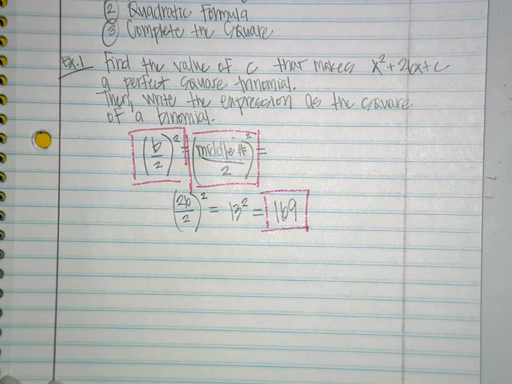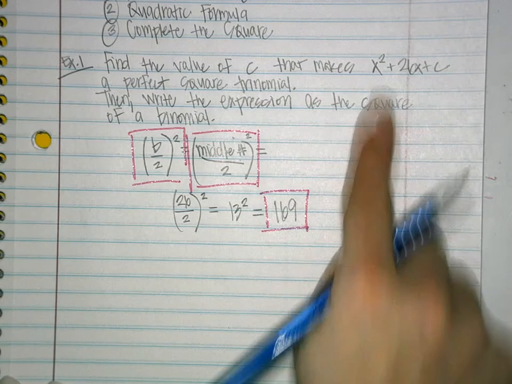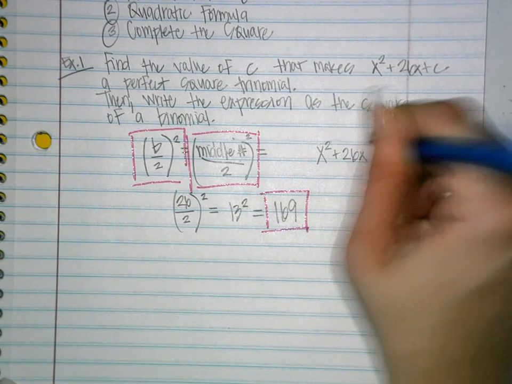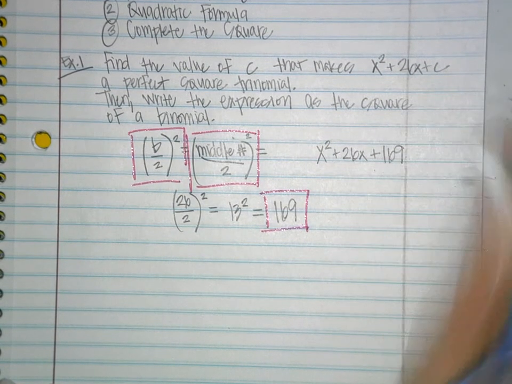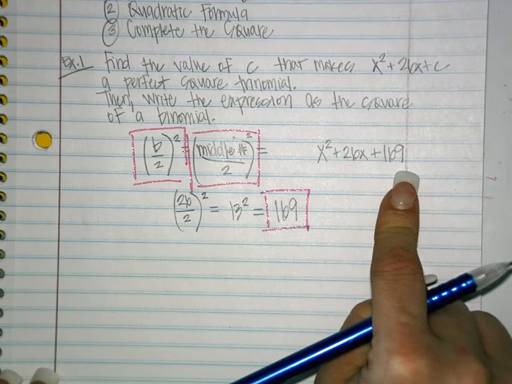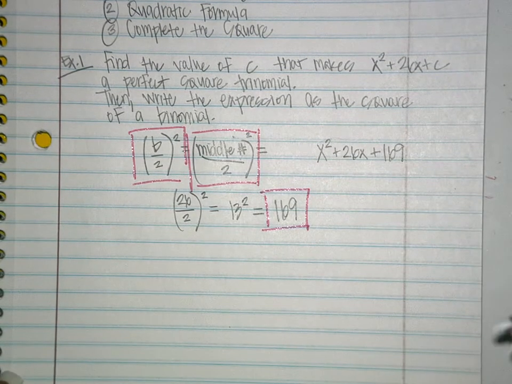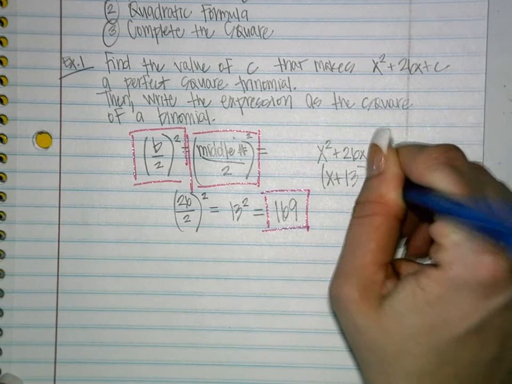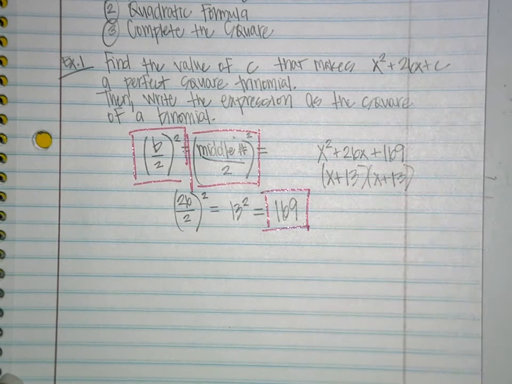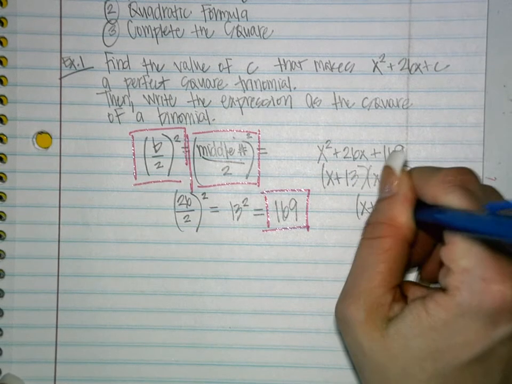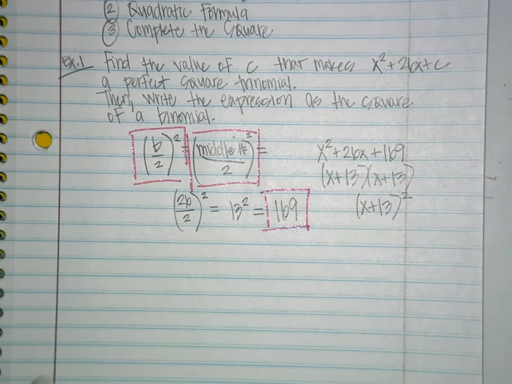If I wrote out x squared plus 26x plus 169 and factored that, what multiplies to 169 but adds to 26? 13 and 13. You could rewrite this as x plus 13 quantity squared.